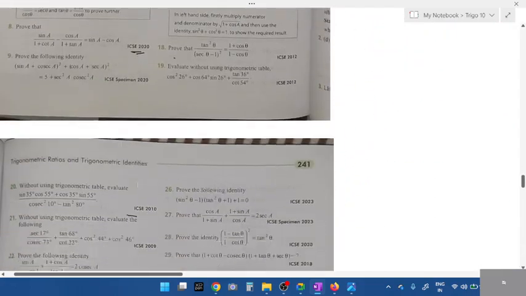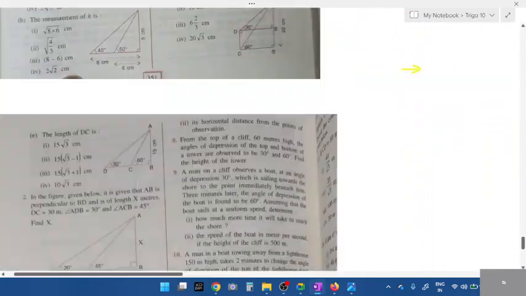So as of now, we are just solving angle of elevation questions, students.